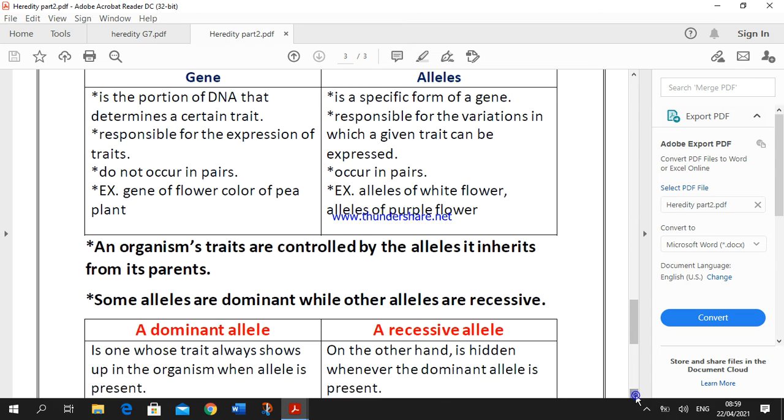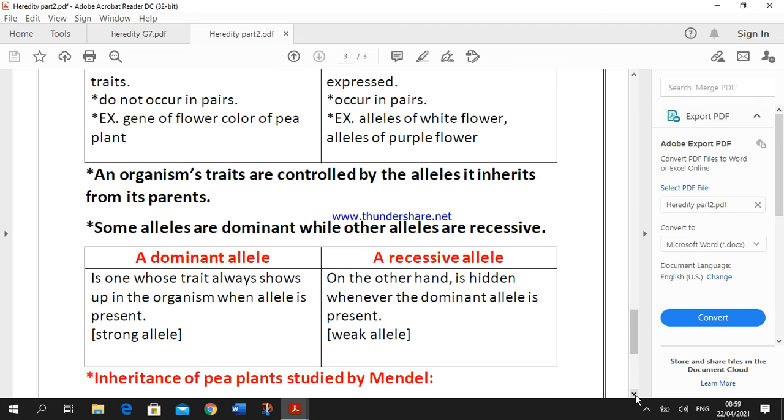Some alleles are dominant, while other alleles are recessive, okay. We have two types of alleles or traits: a dominant trait or dominant allele, and also a recessive allele or recessive trait. What is the difference between them?